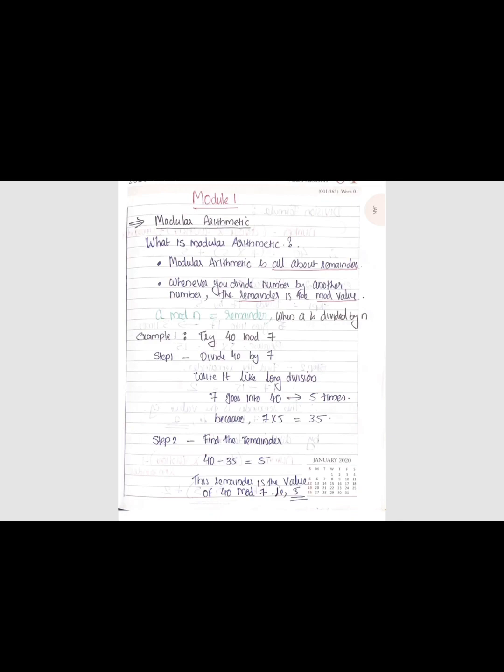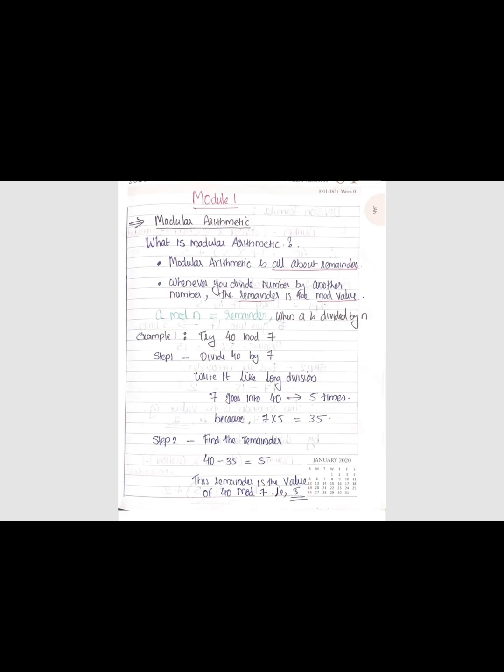Now, let's focus on another example. Try 40 mod 7. In this case, we perform one method. The method name is the remainder method.